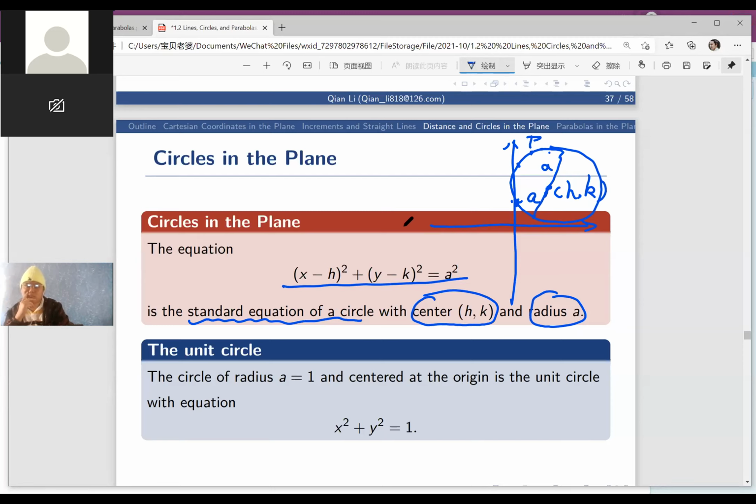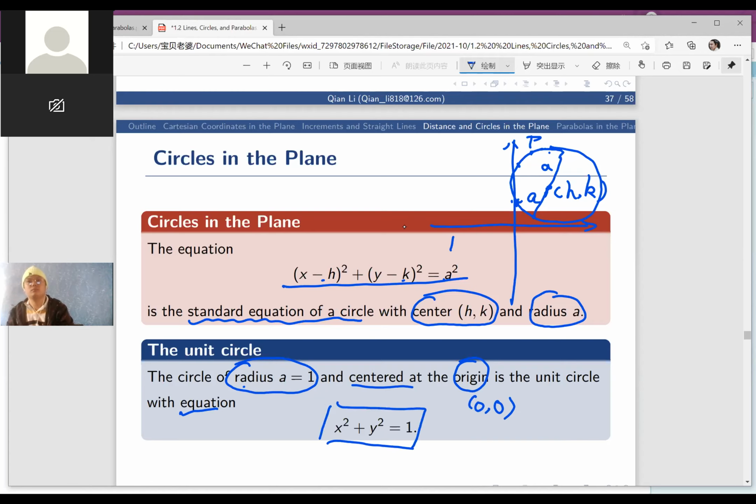Let's see, if the radius A is equal to 1 and the center is the origin, which means the center is (0, 0), so h and k are equal to 0 and the radius A is equal to 1, then the equation of this circle will be x squared plus y squared is equal to 1, right?